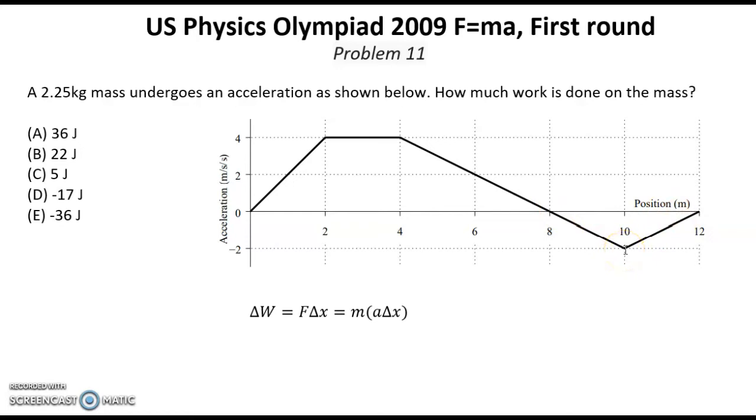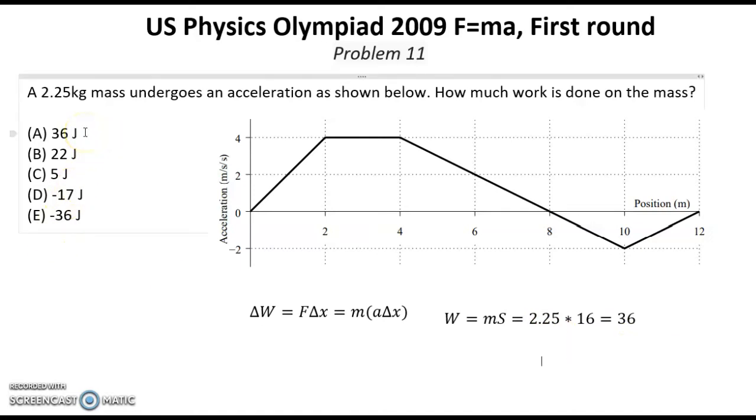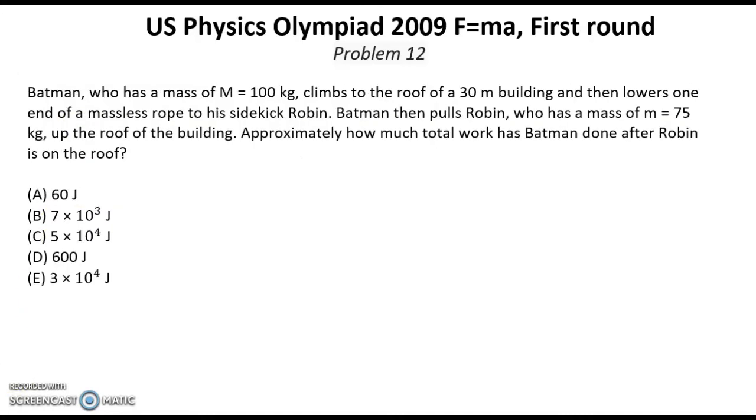So we have to subtract from 24, that will be 14. And the final result will be this one. Work equals mass multiplied by total area, which is 2.25 multiplied by 16, and the result is 36 joules, which is answer A.